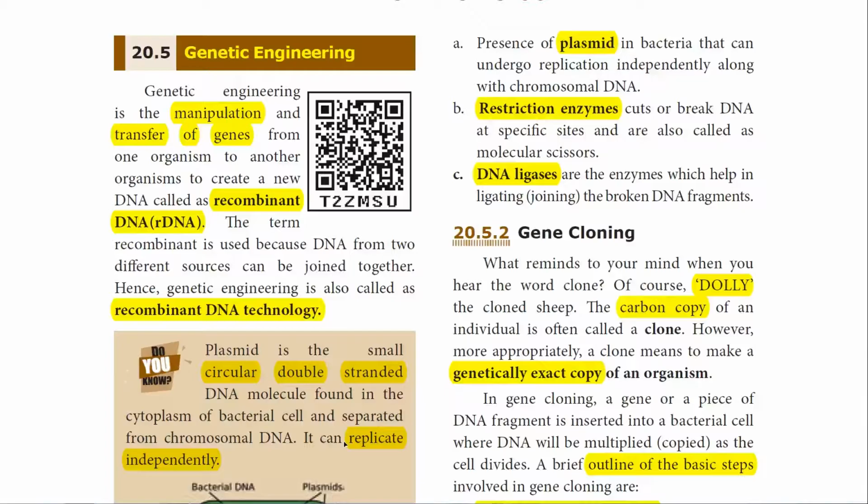Genetic engineering is the manipulation and transfer of genes. We can manipulate genes. We can alter the genes of an organism. We can delete, add, or transfer these genes from one organism to another organism to create a new DNA that is called recombinant DNA, rDNA in short.